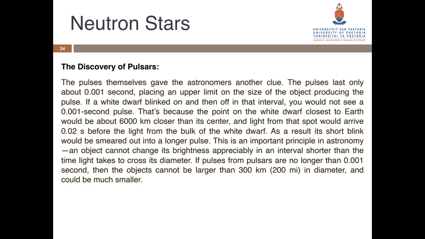But some of these pulsars, the way they are spinning around, are even more stable and more accurate than our atomic clocks on Earth. Some of the pulsars are even accurate to 10 to the power minus 25 of a second, which is very, very cool.